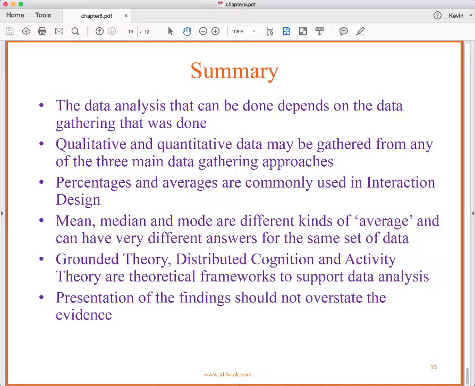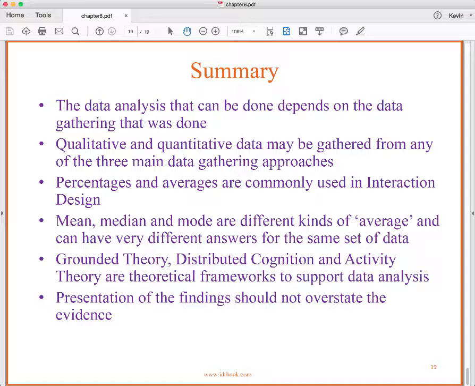No, we don't want to be just anecdotal. We want to take the data that we find and fit them into a theory and framework in order to come up with our findings. Three theoretical frameworks that we talked about were grounded theory, distributed cognition, and activity theory.